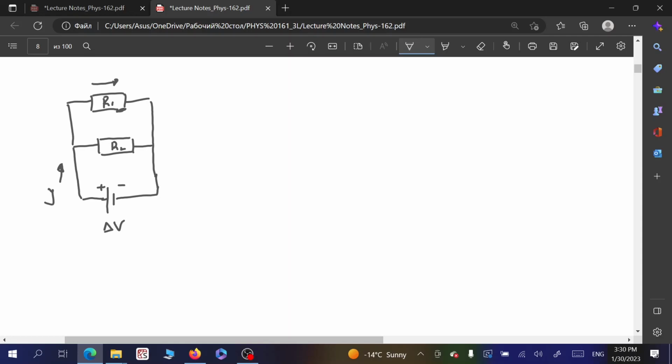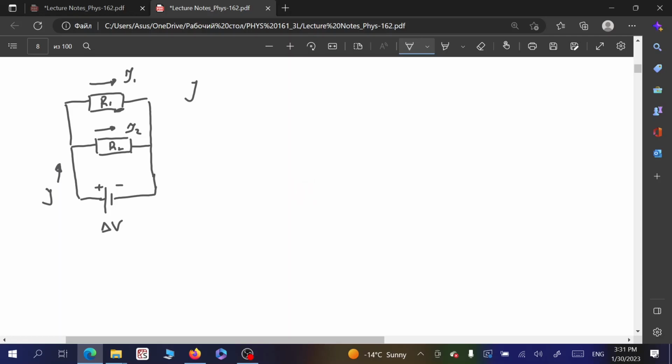Here will be some current I1, here current I2, and in this case, when we have a parallel connection, the total current I, which flows through the battery, will split into two components. That will be I1 plus I2.